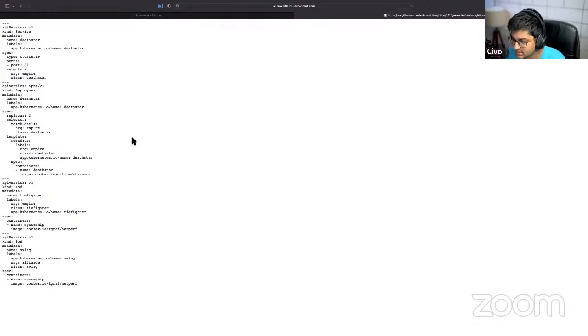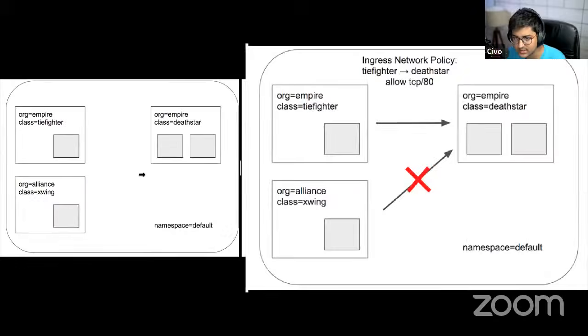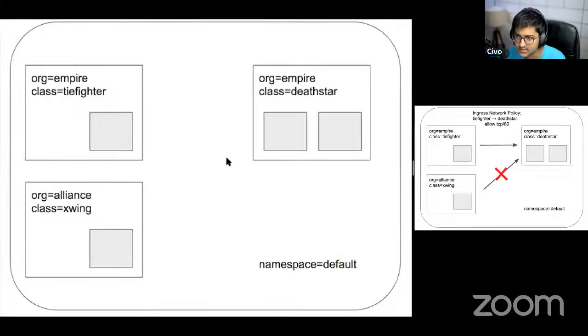It's basically providing a landing service to these spaceships, right? So what I'm going to do over here is make a call from this to this, this to this will be allowed, and in the next one will not allow this particular one, right? Let me show you how that happens.